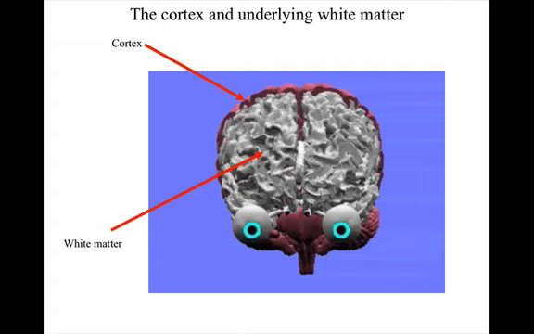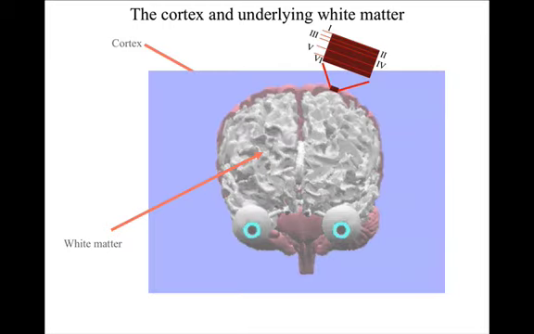The cortex has an area about the same as a couple of sheets of paper, but it's crumpled up to fit inside the skull. The neurons in the sheet are organized into a number of layers. Conventionally, we count 6 layers, numbered by the Roman numerals 1 to 6, with layer 1 on the outside closest to the skull.